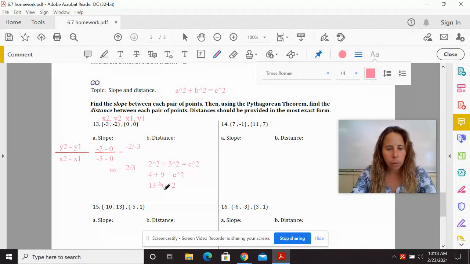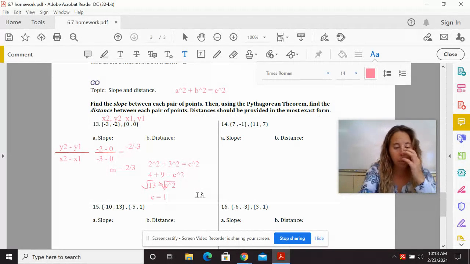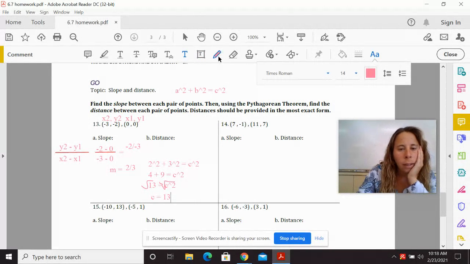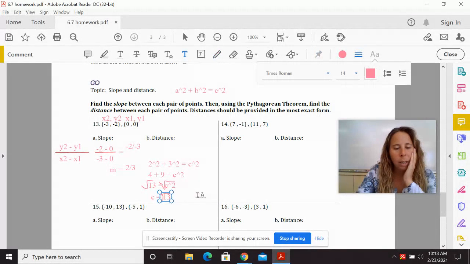Since it wants us to leave it in exact form, you just get c equals the square root of 13. And you would just leave it like that. So your slope is 2/3, your distance is the square root of 13.